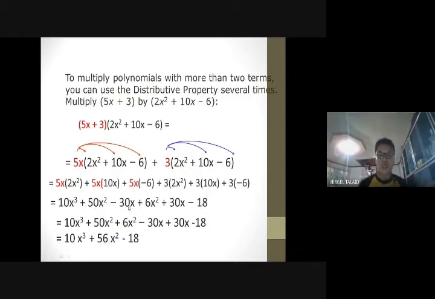Negative 30x and positive 30x are opposites, and adding opposites is equal to 0. So we don't need to write 0x here; it is already eliminated. Then bring down negative 18. So this is now our final answer: 10x cubed plus 56x squared minus 18.